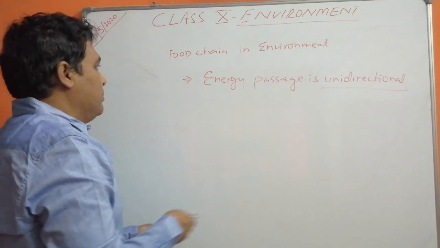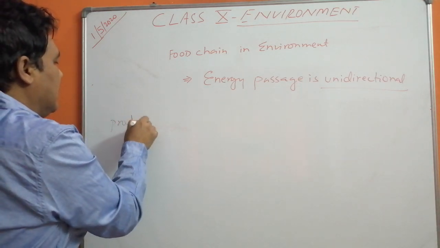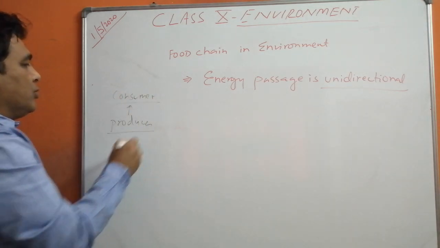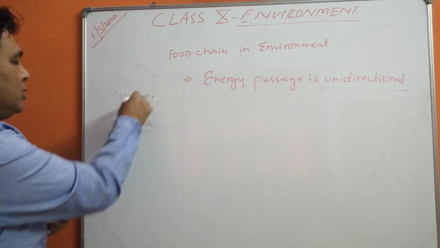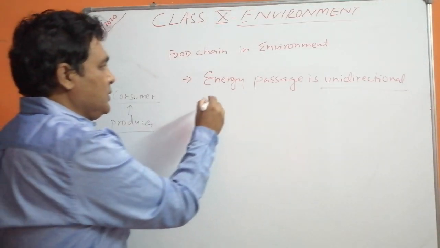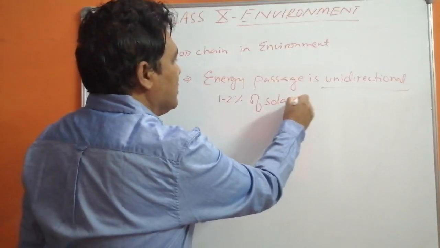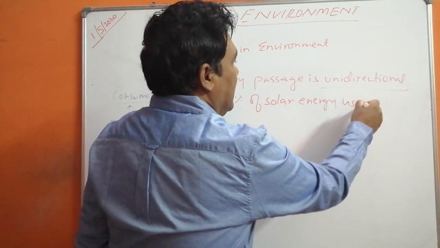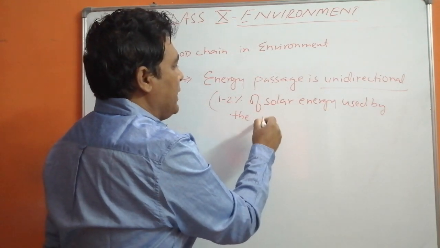Unidirectional means it goes from producer to consumer. So energy is always passed from a producer to the consumer only. It cannot go back. And about 1 to 2% of solar energy is used by the producers.